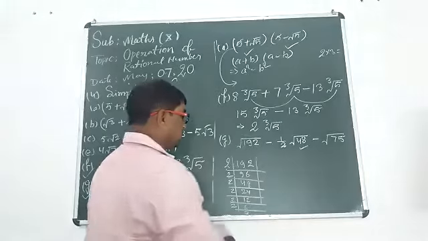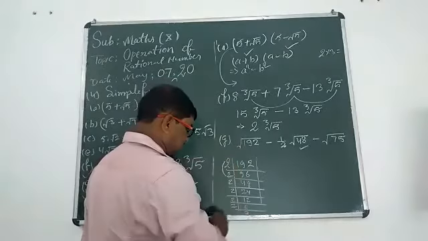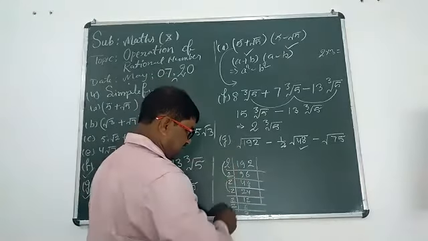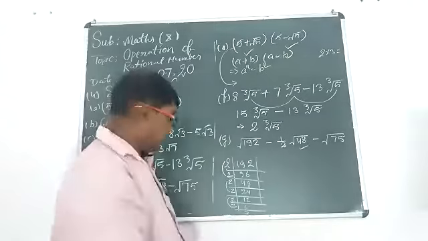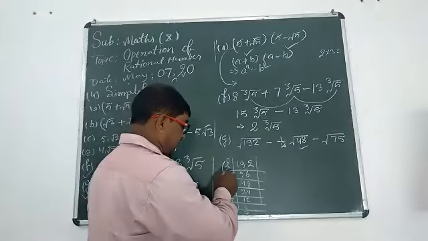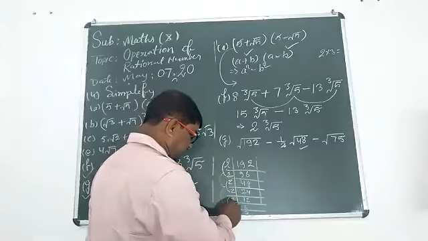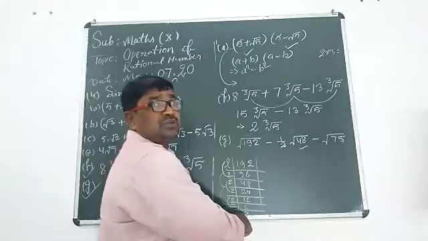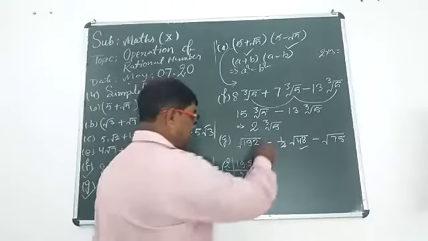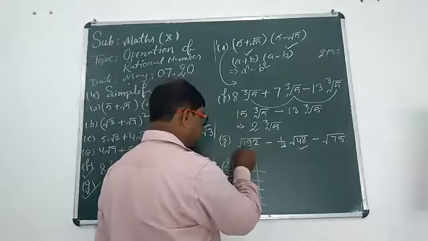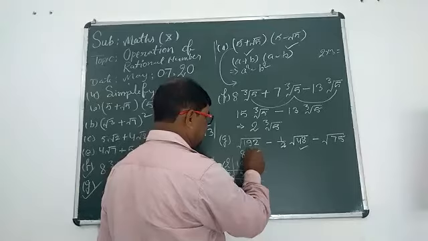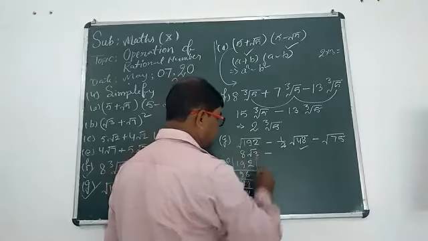So this is one pair, this is second pair, this is third pair. In this way, we can get 2 2 is 4, 4 2 is 8, 8 under root 3. You will write 8 under root 3 minus.